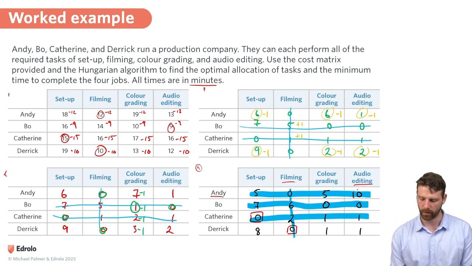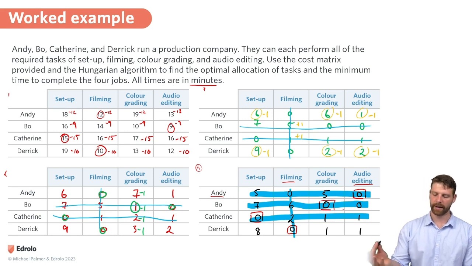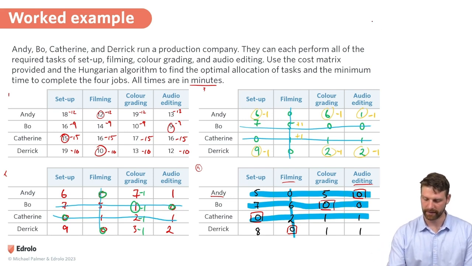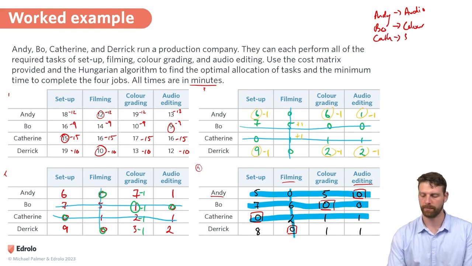So he's going to do the audio editing, and that leaves Bo with the color grading. Okay, so my allocation here is that Andy will do audio, Bo will do color, Catherine will do setup, and Derek will do filming.